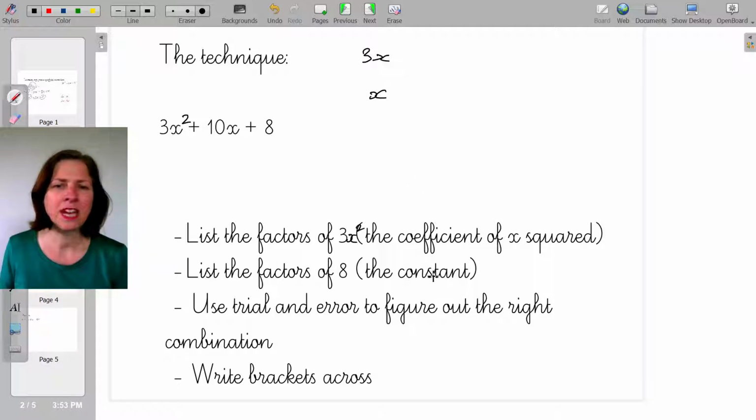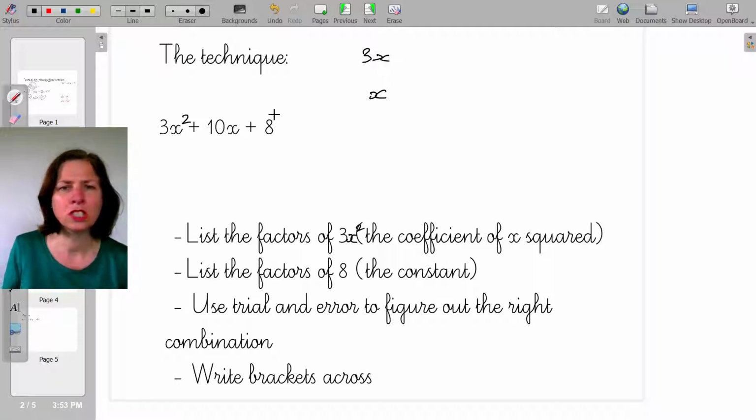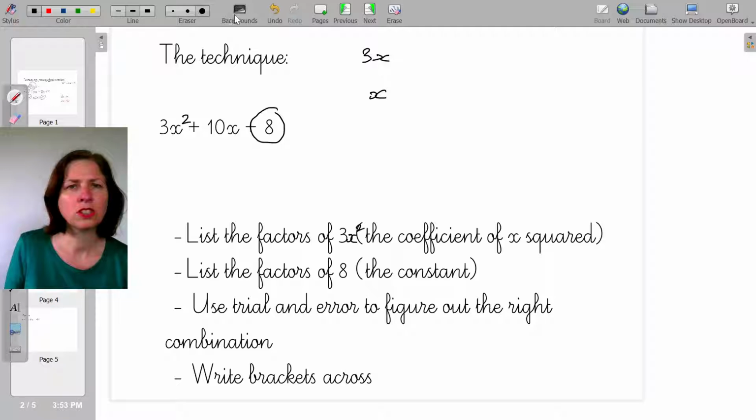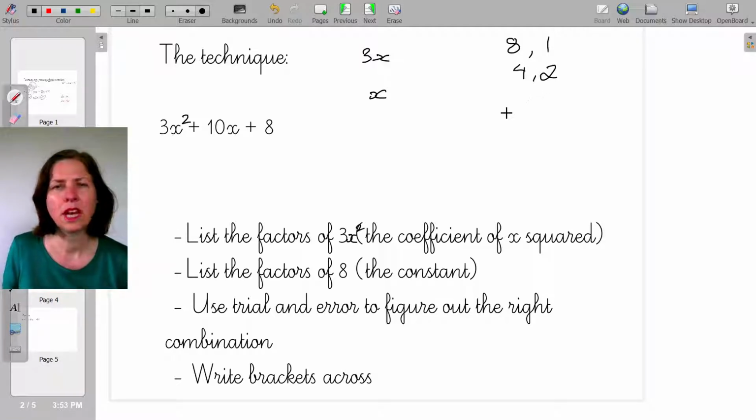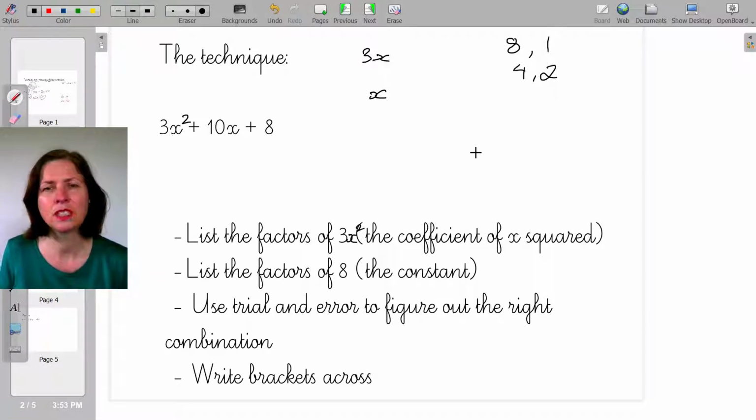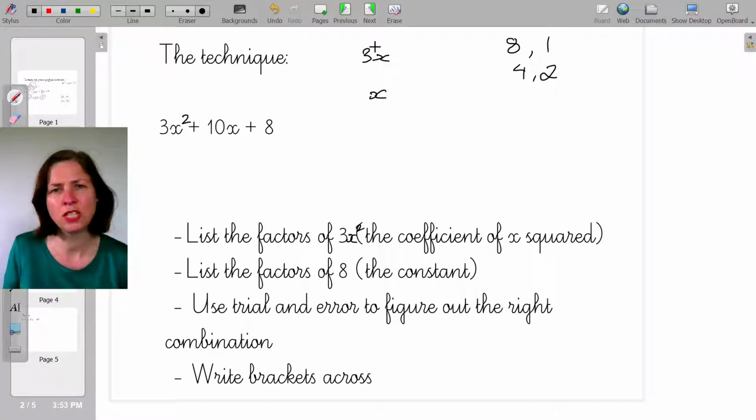Then I'm going to list the factors of 8, which is the constant. It's going to be 8 and 1, or it's going to be 4 and 2, and I can't see any other combinations. So this is what I do now with my trial and error. I take these combinations and I connect them up with the 3x and the x.